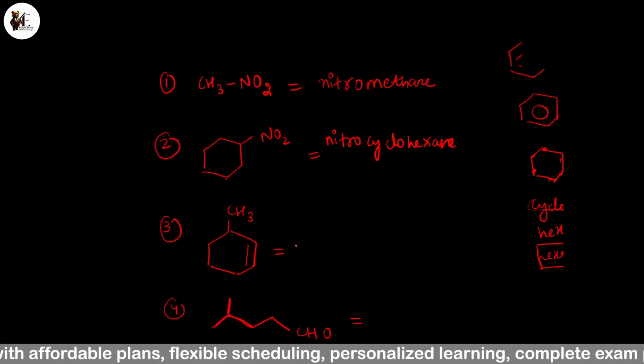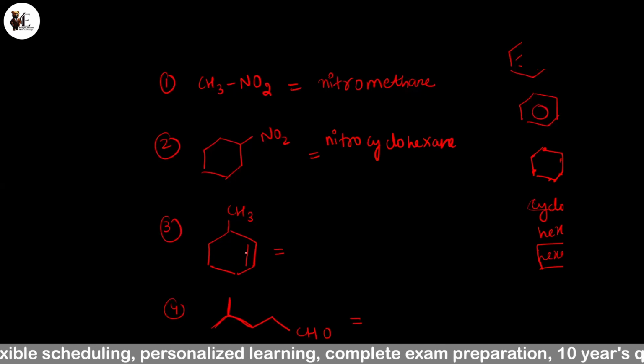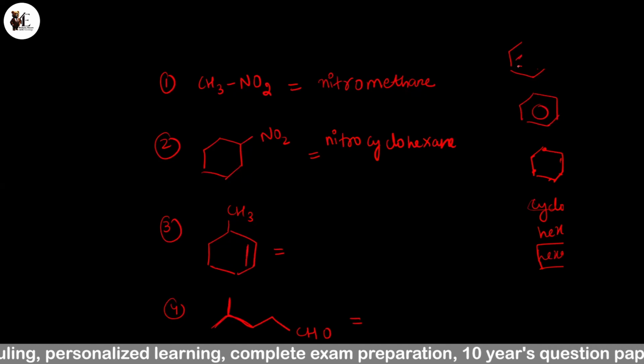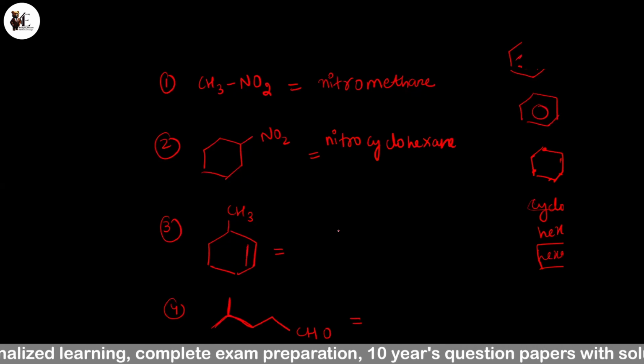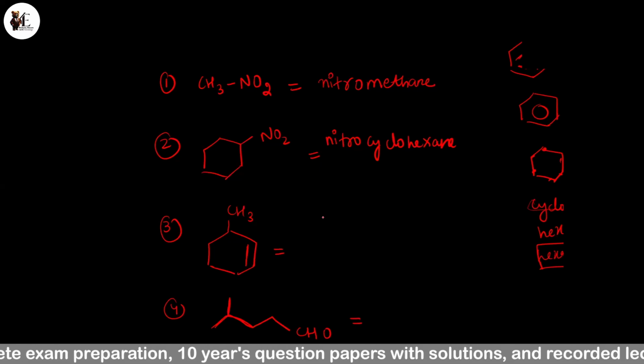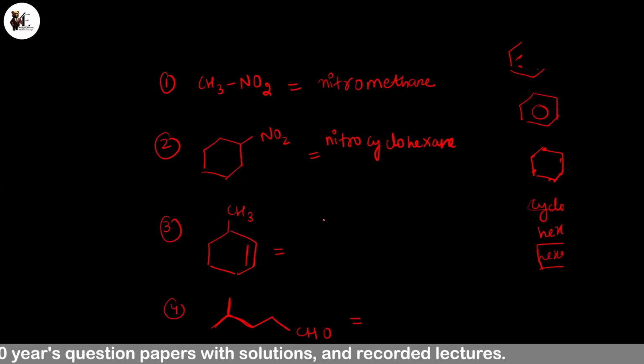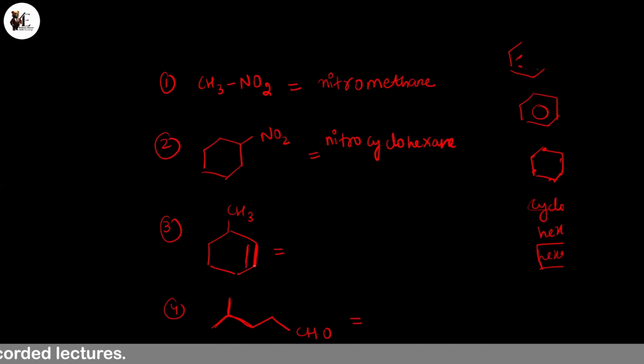What is the name of third compound? It is not benzene. Don't call it benzene. Benzene is only when 3 double bonds are there. Ma'am, is that a double bond? Yes, there is a double bond here. That means it should be cyclohexene, right?